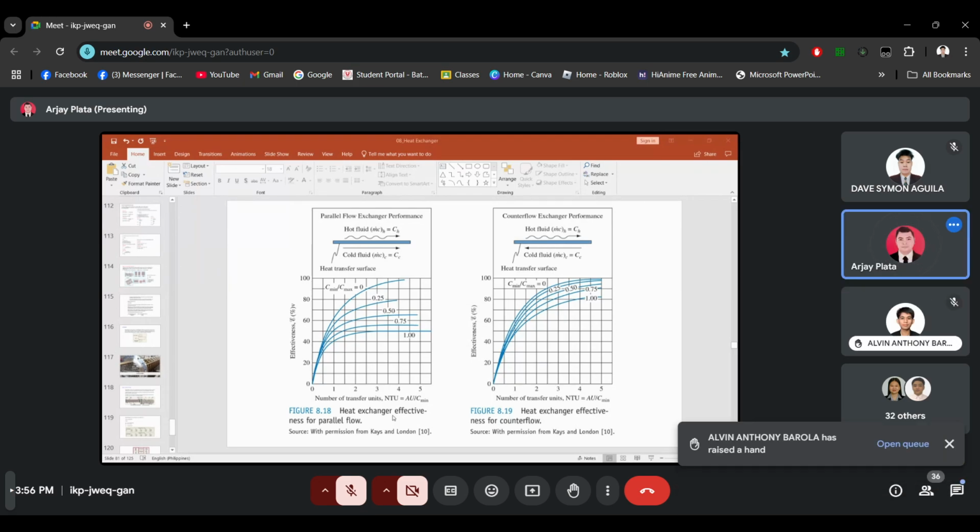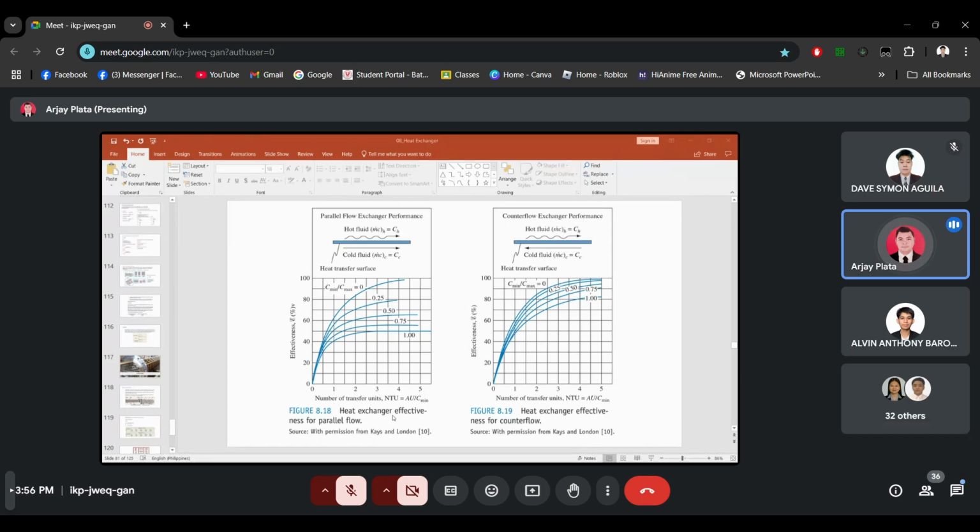Yes, Anthony. Sir, excuse po. About po dun sa gagawin namin, yun pong groupings. Kailan po ang deadline nun? Okay. So the technical report will be maybe after the final exam.